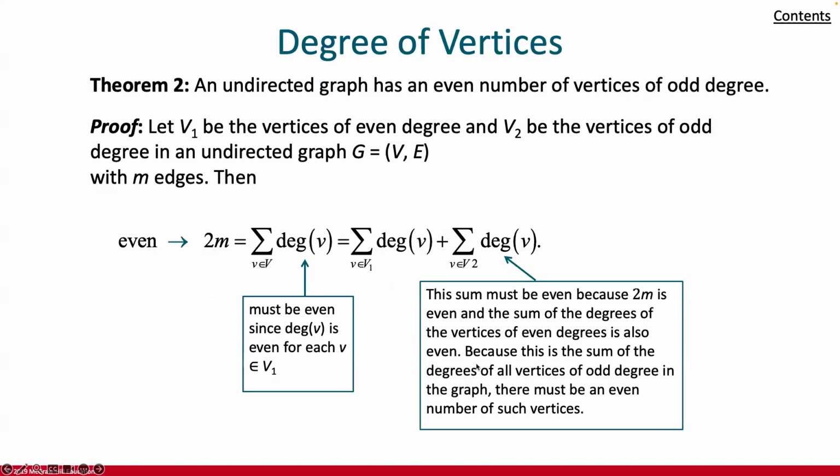You can pause the video or look this up in Rosen. In terms of the degrees of vertices, the theorem states that an undirected graph has an even number of vertices of odd degree. I'm just going to say that's what we have, and you can look through that proof to get some more insight into that.